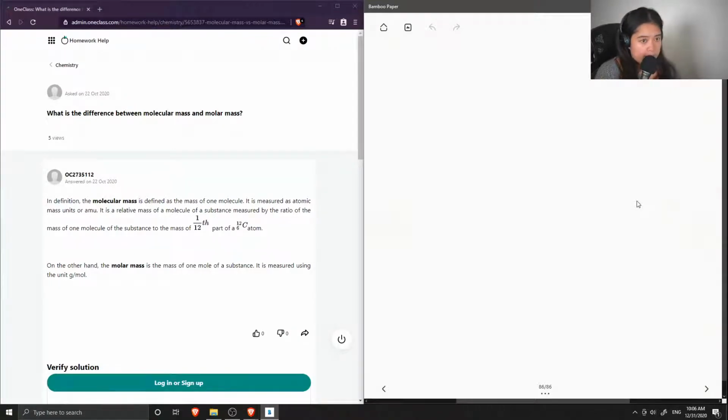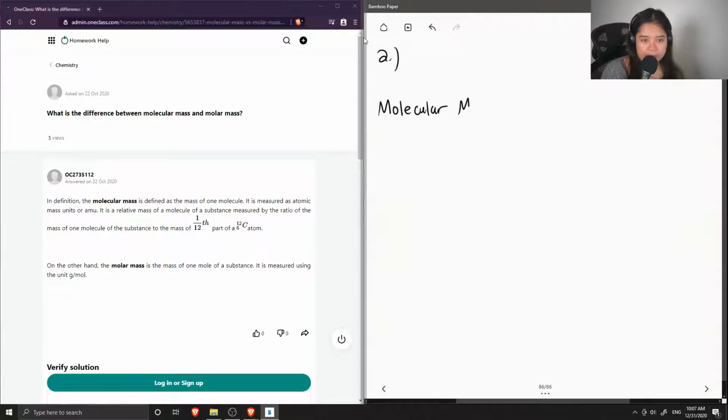Okay, so question 2 asks, what is the difference between molecular mass and molar mass? Okay, so let me make a comparison table. Molecular mass and the molar mass.